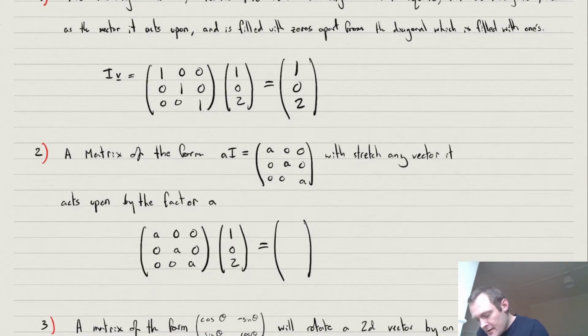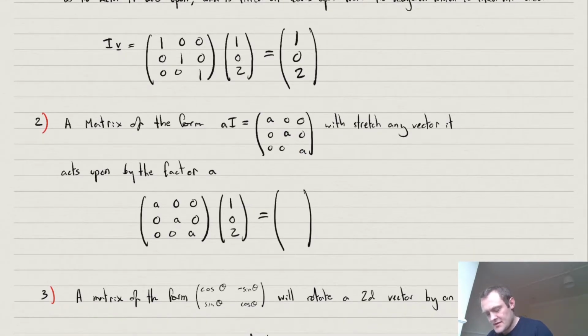We can multiply matrices by scalars, in which case, if we multiply the identity matrix times the scalar A, then we'll get a matrix like this. And you can see that all that is going to do is take any vector and just stretch it out by a factor of A. So you'll get A, 0, and 2A. So yes, any matrix like this will just take a vector, and every single vector you act it on will just be stretched by a factor of A. We could form matrices like this, for instance.